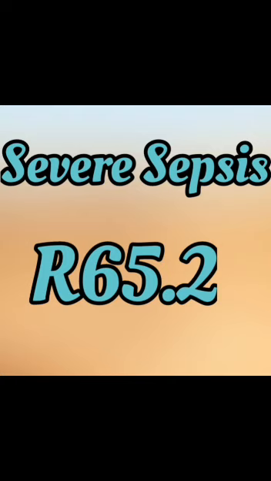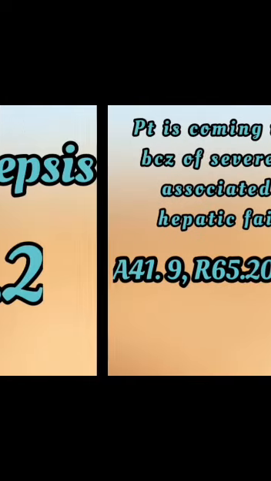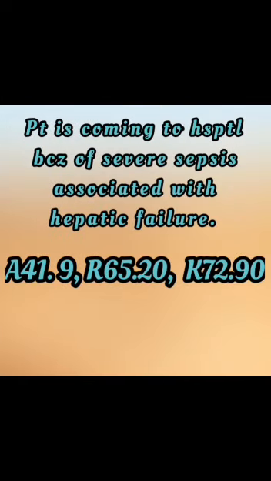Patient coming to hospital because of what? Severe sepsis associated with hepatic failure. So, severe sepsis means what? What are the codes we require? First is systemic infection, that is sepsis organism code, and then severe sepsis code, that is R65.2, and then here we have organ failure also.